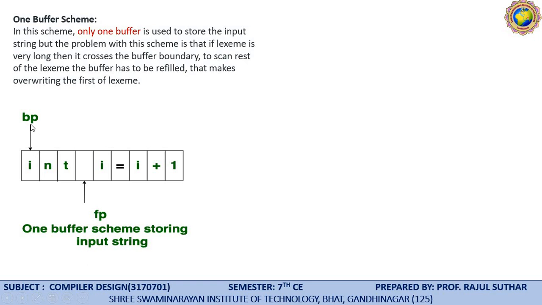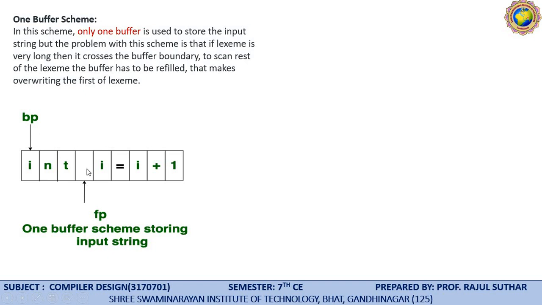Take the statement: integer I is equal to I plus 1. The begin pointer is initially located at the first location, and we move the forward pointer, next character one by one. So the one buffer scheme stores the input string this way.